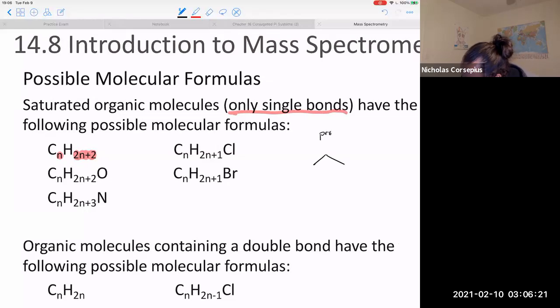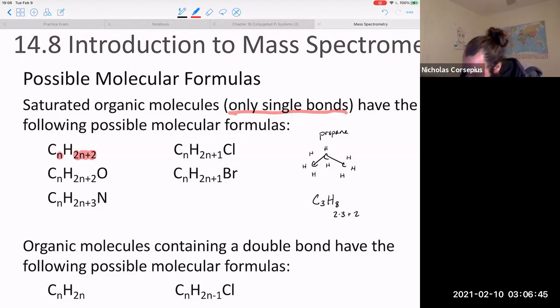So let's look at propane. We have 1, 2, 3 carbons, and then 3, 4, 5, 6, 7, 8 hydrogens. So C3, and then H is 2 times 3 plus 2. It is indeed C3H8.